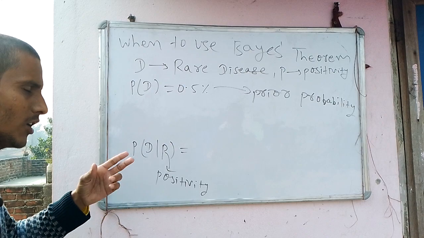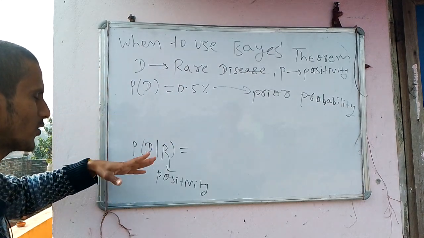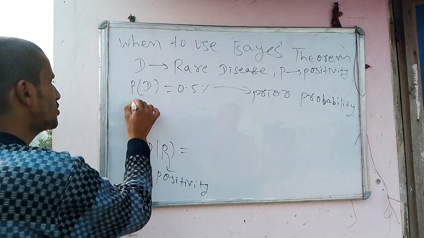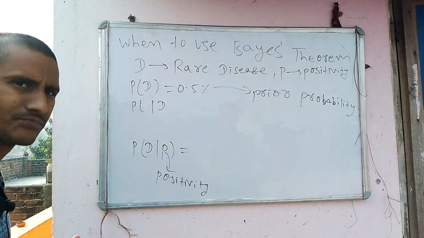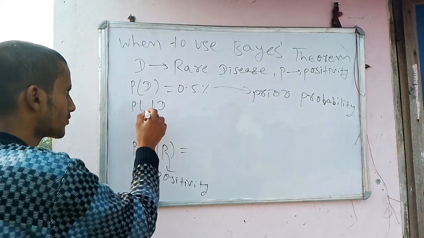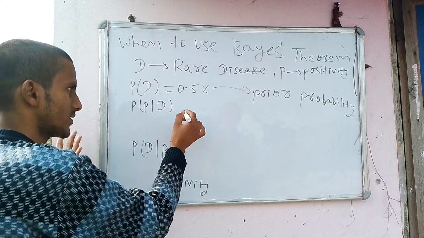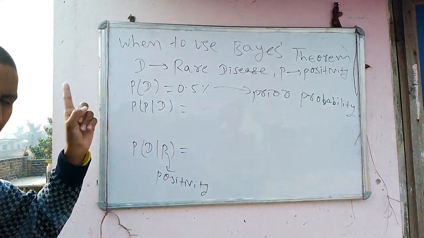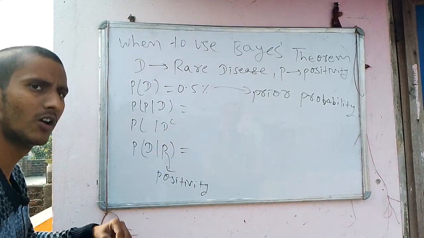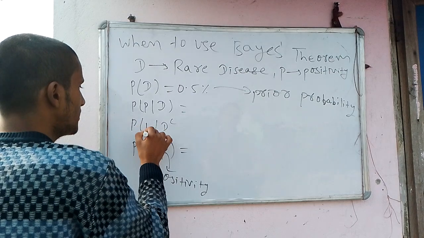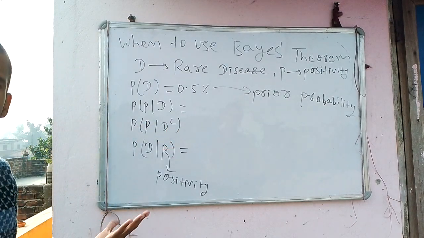What you want to know about the positivity of the test is, among the people who have the disease, what is the probability of the test being positive? And second, among the people who don't have the disease, what is the probability of the test turning out to be positive?